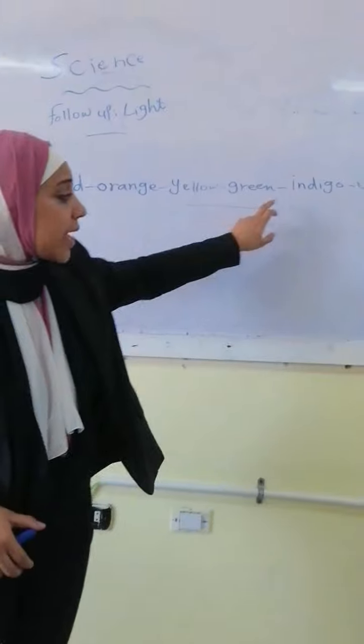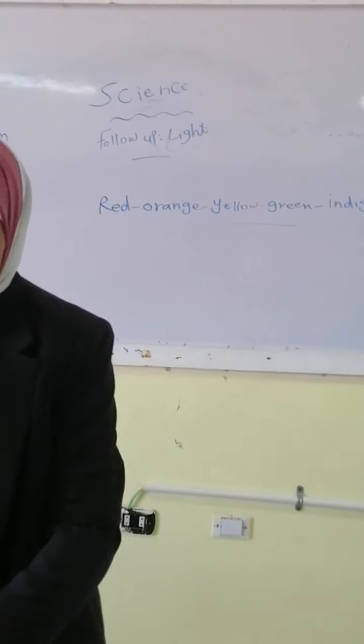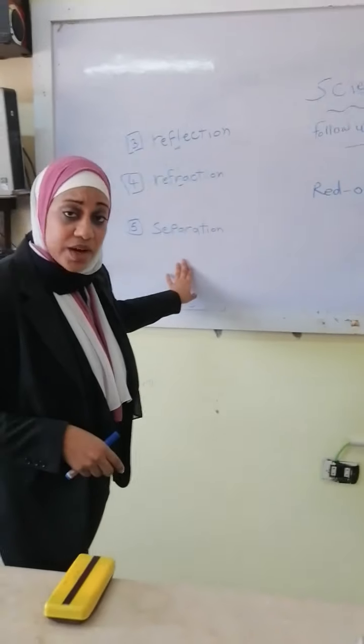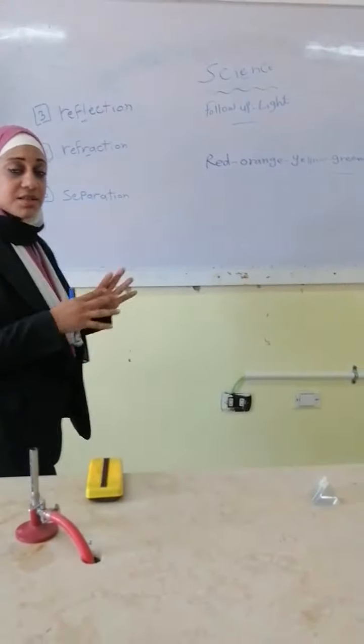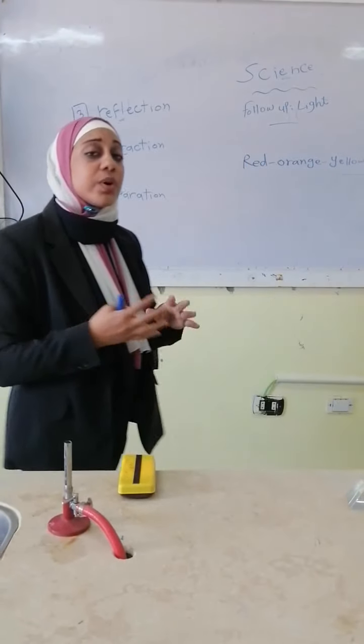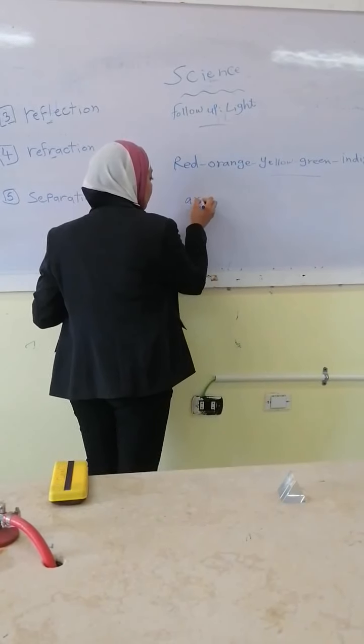Red, orange, yellow, green, indigo, and violet. Okay? Due to the separation or splitting of the white light, there is a very familiar phenomenon that happens in winter during rainfall. It's called a rainbow.